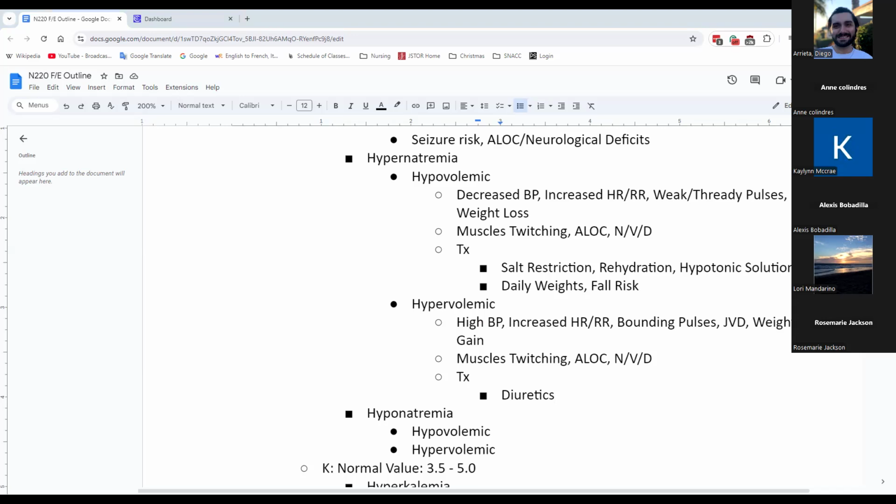We want to think of it as water follows sodium. So diuretics are directly getting your body to get rid of more sodium and potassium, and your water just naturally goes towards it because water always wants to go to the solutes. Water loves solutes, goes towards where the sodium and potassium are, aka pee in this situation.